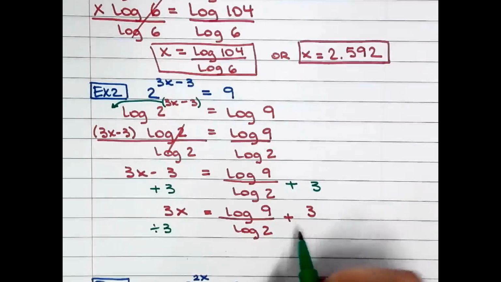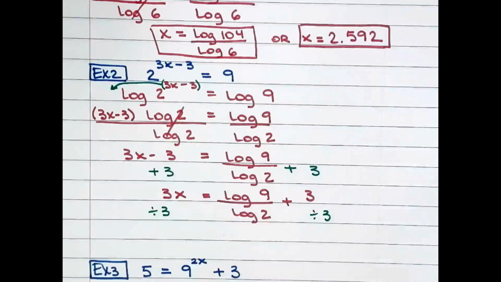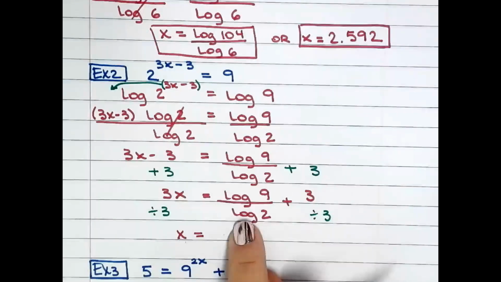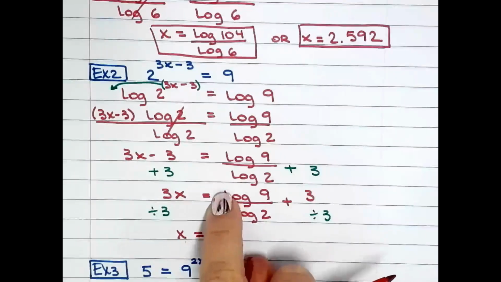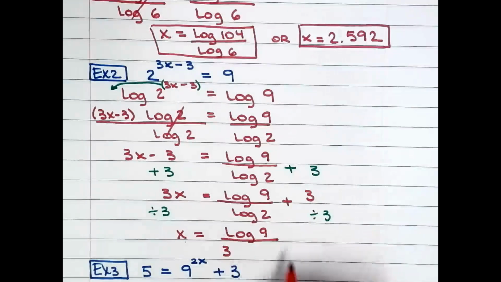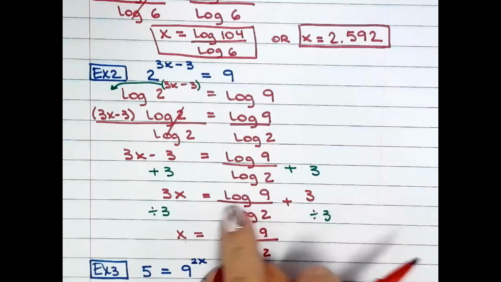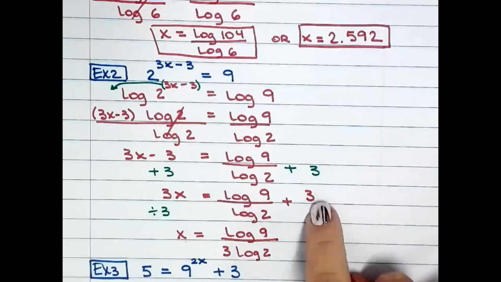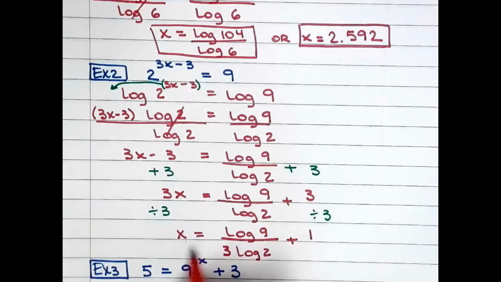That means you're dividing everybody by 3. So x equals, when I'm dividing log of 9 over log of 2 by 3, it's the same thing as if I multiply by 1 over 3. So the 3 goes in the denominator. But because you're dividing everybody, both terms, 3 divided by 3 is 1. Okay, watch out for that.